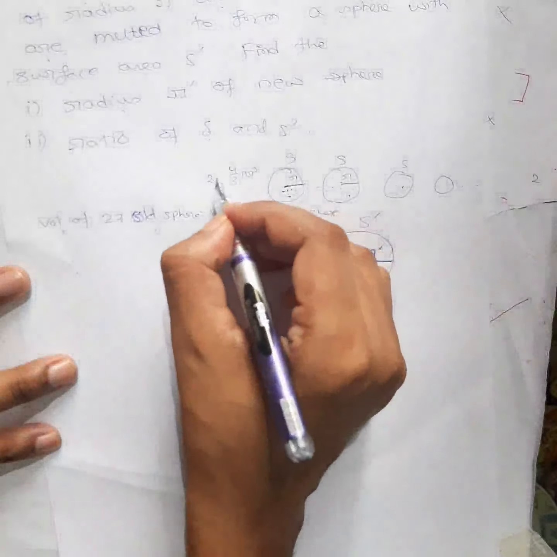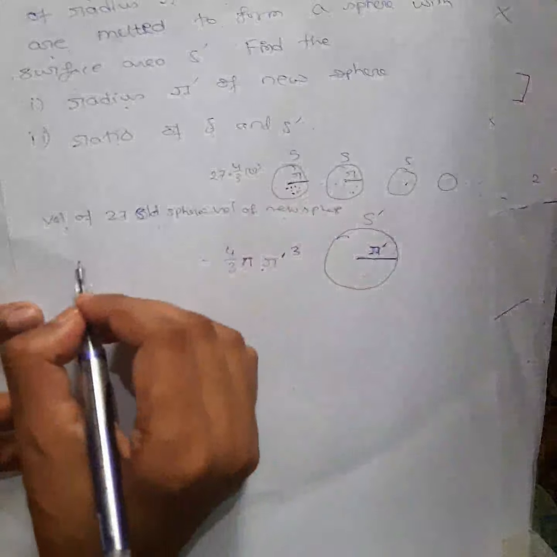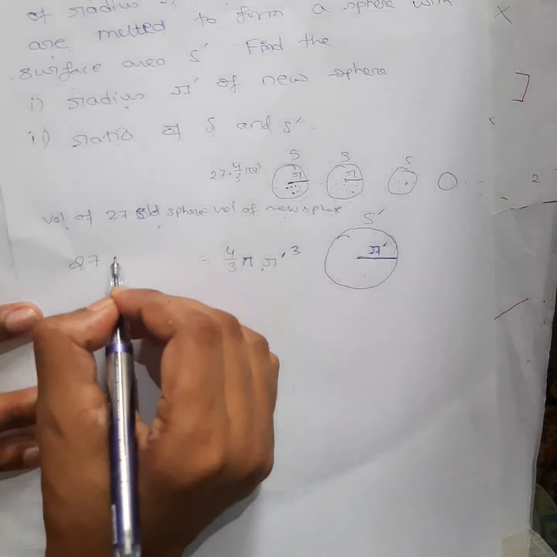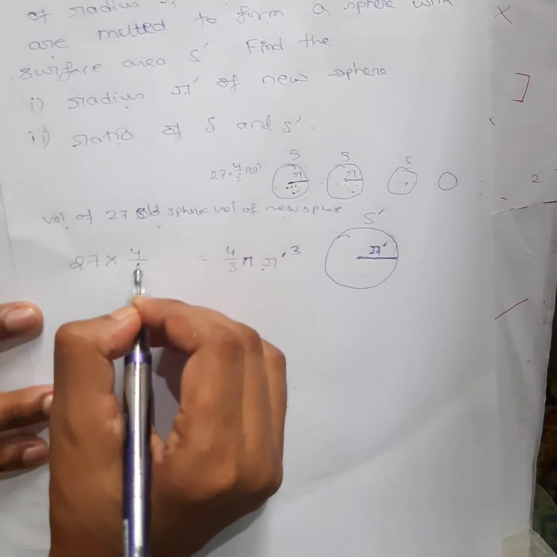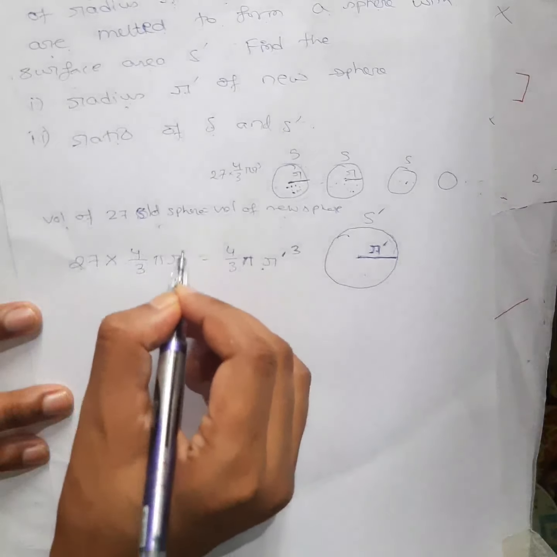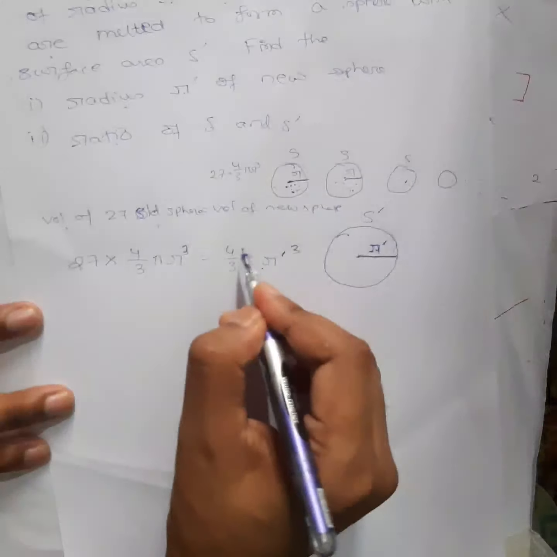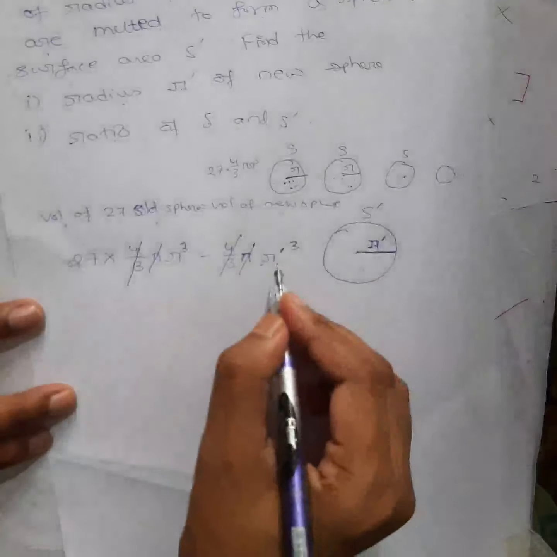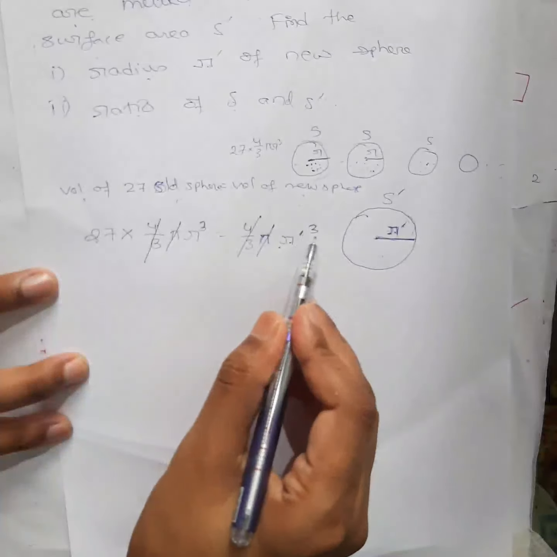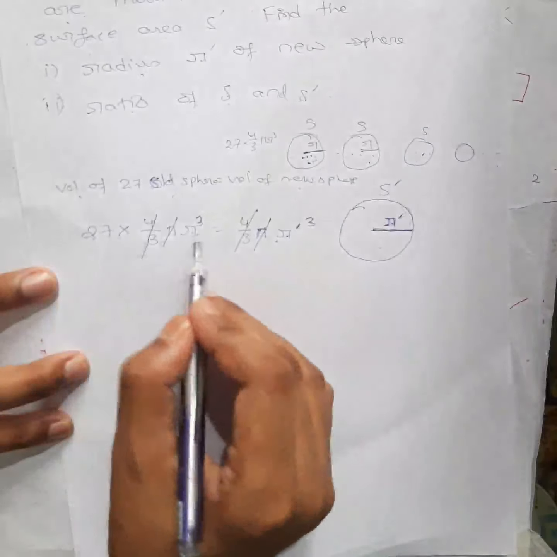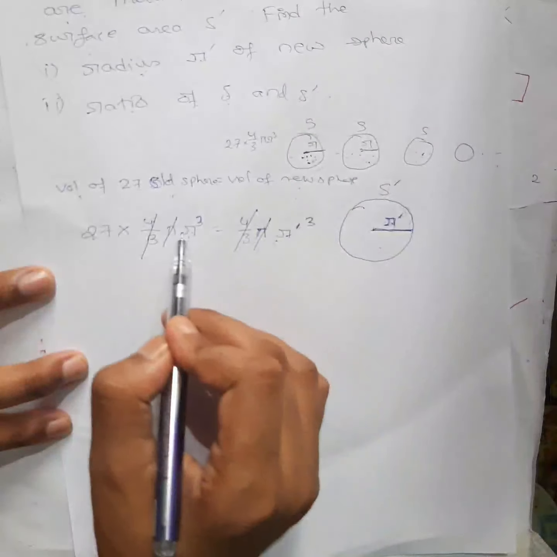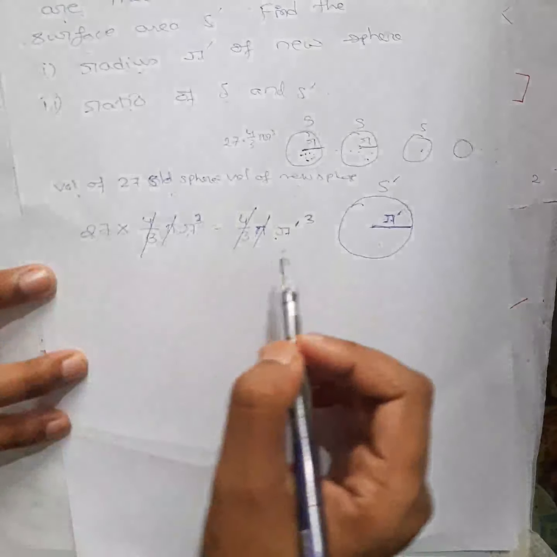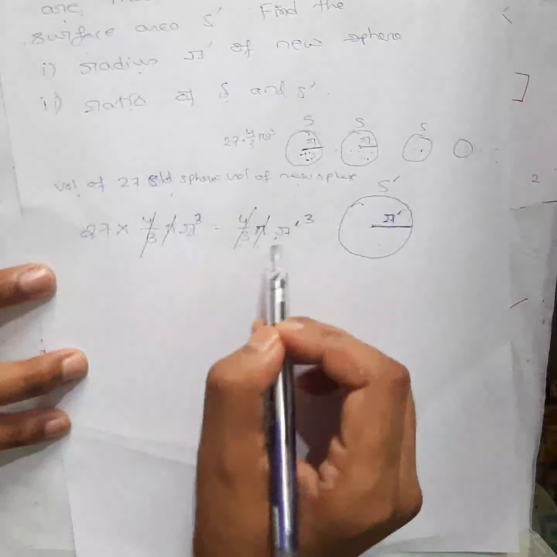Then for 27 it will be 27 into this, so 27 into 4 by 3 pi r cube. So 4 by 3 will get cancelled, pi will get cancelled. What will be left out? Now see, r dash is equal to something in terms of r, so no problem. If the answer is in terms of r also, no problem. Don't think that two unknown quantities are there, so we cannot find it.